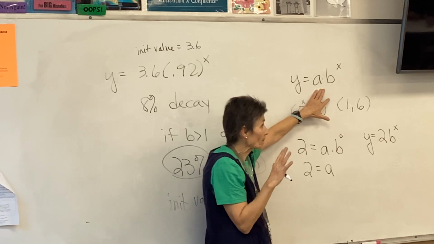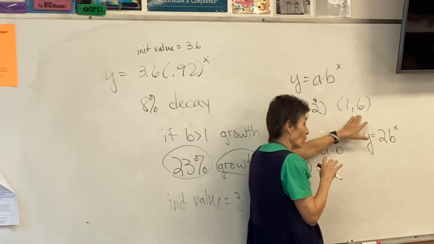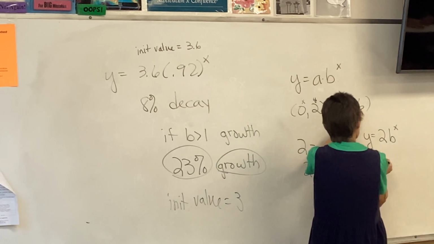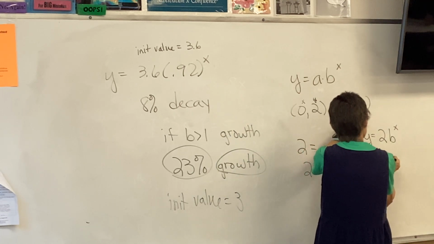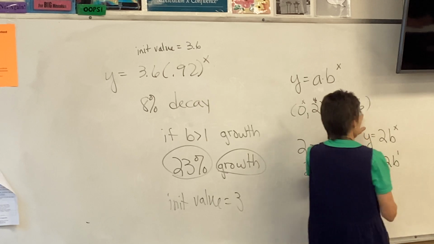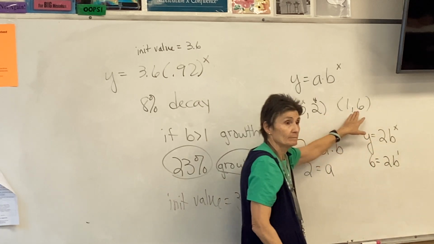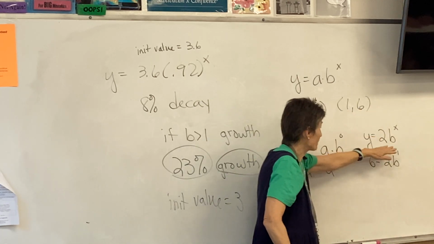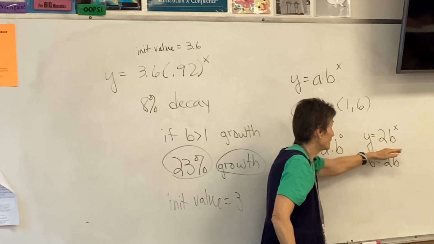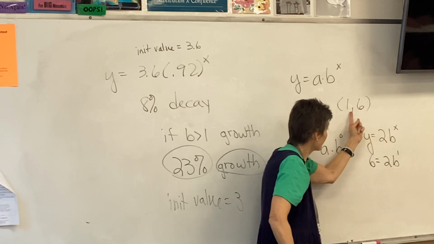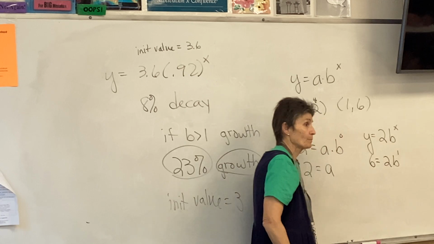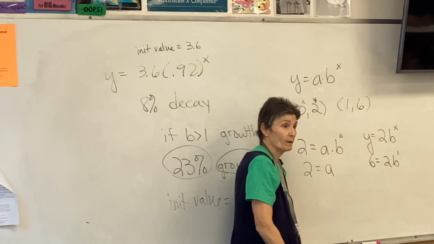Now, go to the other point. Put 6 in for Y and 1 in for X. So again, I'm going back to my equation, putting in Y and putting in X. Now I need to solve that, so what am I going to do?